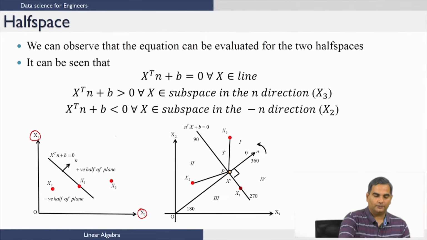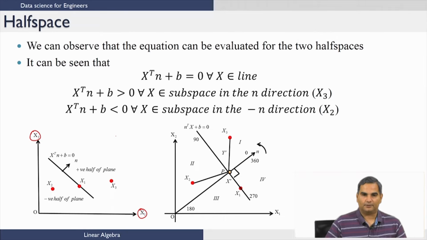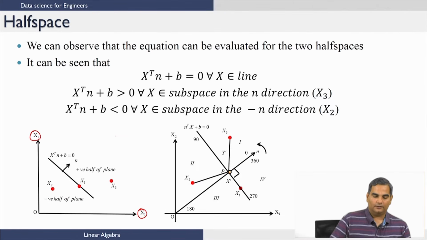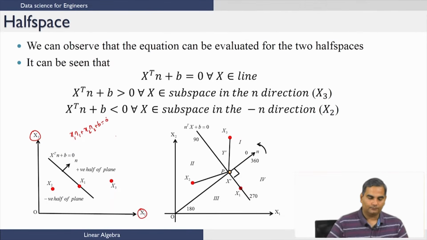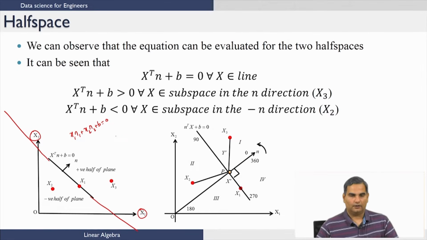So, the equation of the line is written as x transpose n plus b equal to 0. So, in these 2 dimensions we could write this line as, for example, x1 n1 plus x2 n2 plus b equals 0. While I have drawn this line only for part of this picture, in reality this line would extend all the way on both sides.